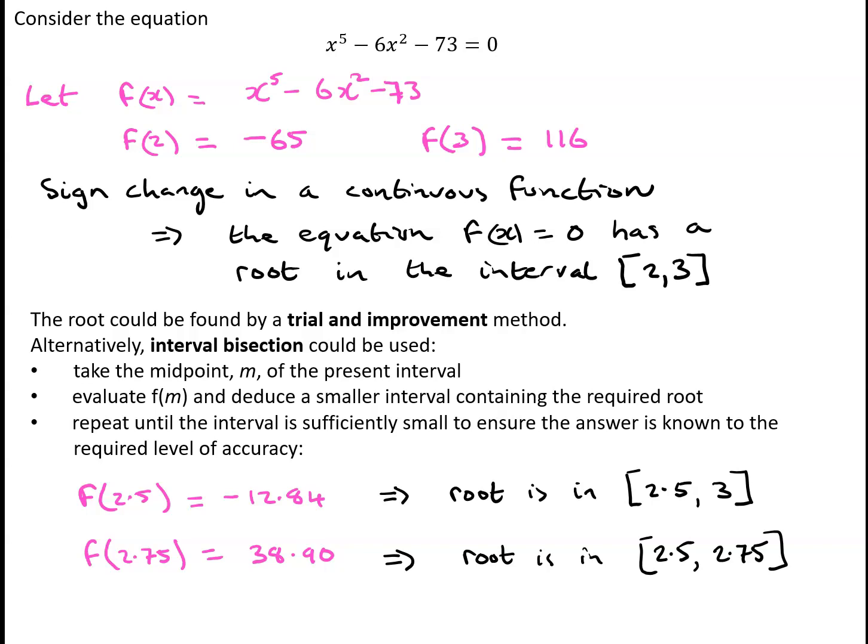So that tells me, because of the sign change in the continuous function, that the root must lie in the interval 2.5 to 2.75. So the next value I would use for the midpoint would be 2.625, and I could go on like this repeatedly, just halving the size of the interval. So interval bisection is a safe but fairly slow method of zooming in on the desired root.